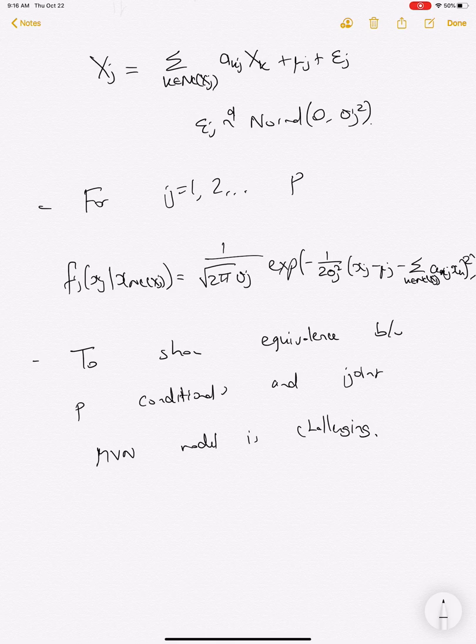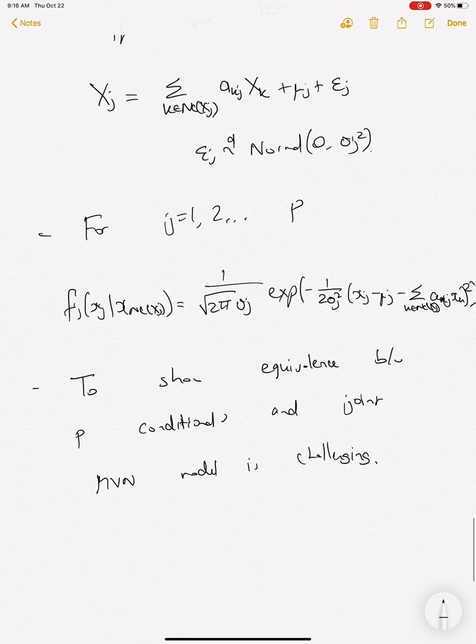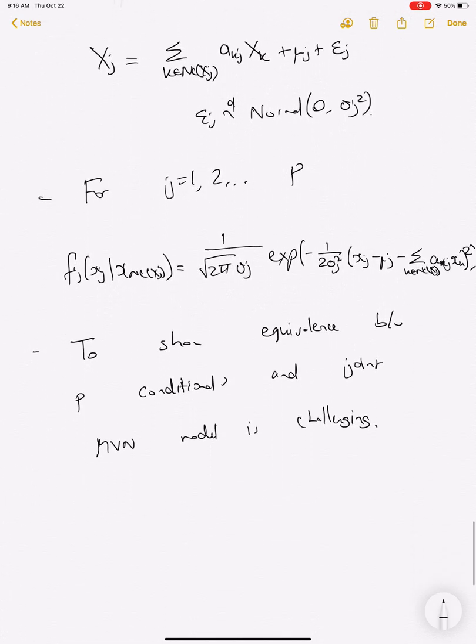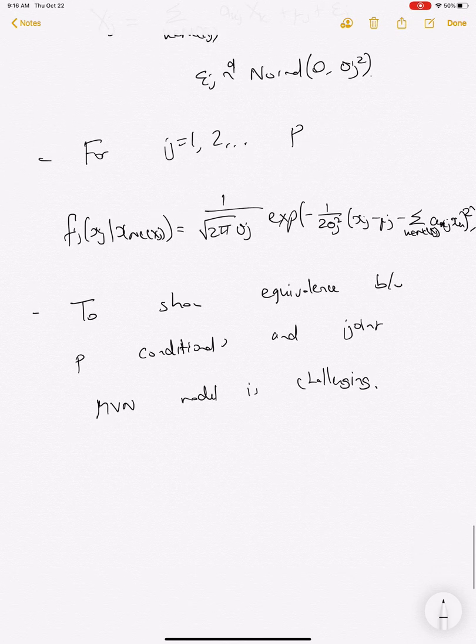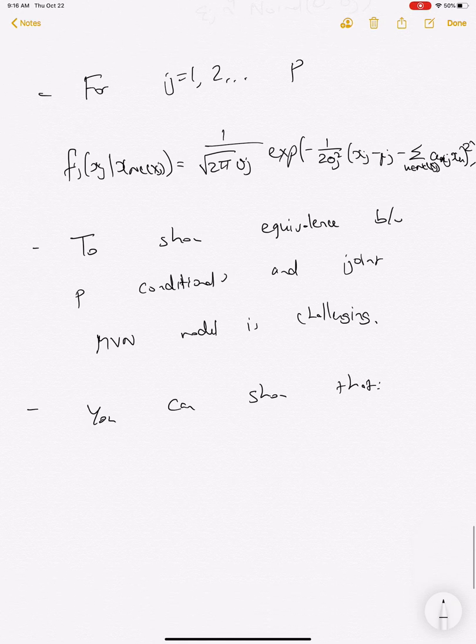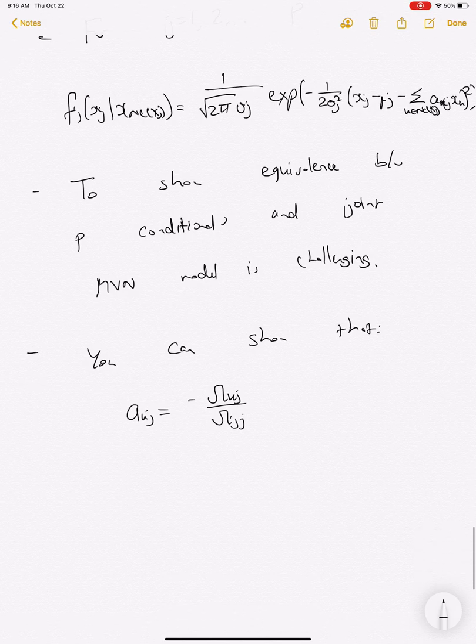The main thing to take away from it is that you can actually show that in some sense you can define the overall model for the multivariate normal just by linear regression models looking at the neighbors. And what I can tell you is that you can show that akj is equal to negative omega kj over omega jj, where remember that omega equals sigma inverse.